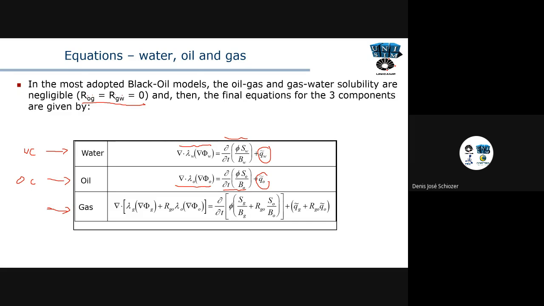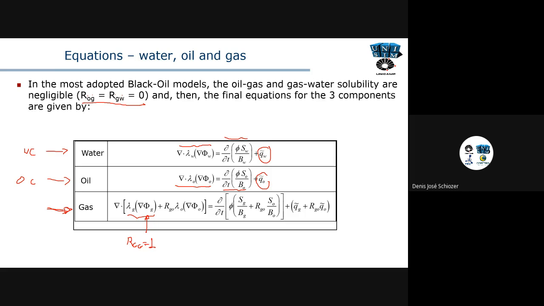And the only difference is in the gas component, because the gas component can be a free gas in the reservoir. So if we have a free gas, we're going to have a movement of the free gas phase, and then we have to multiply by this, and account for the amount of gas that's inside the free gas, which in our case, the Rg is 1, okay?